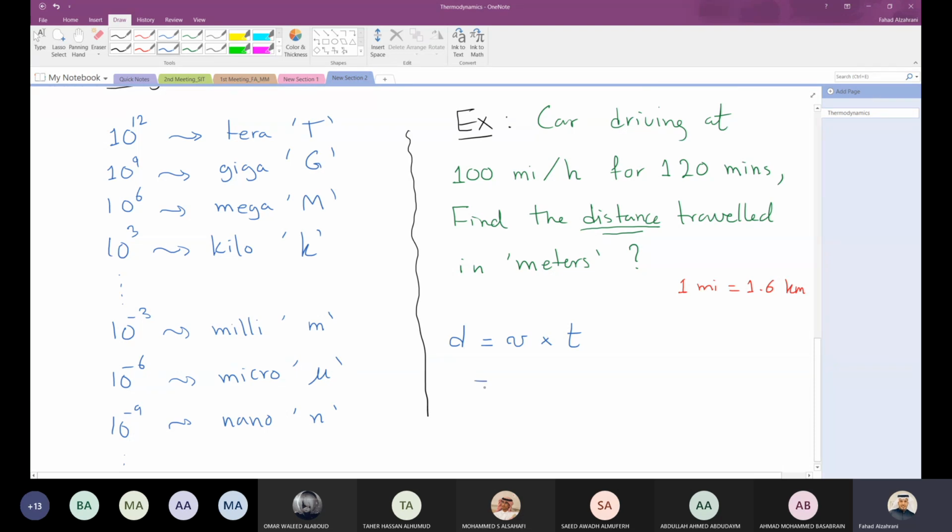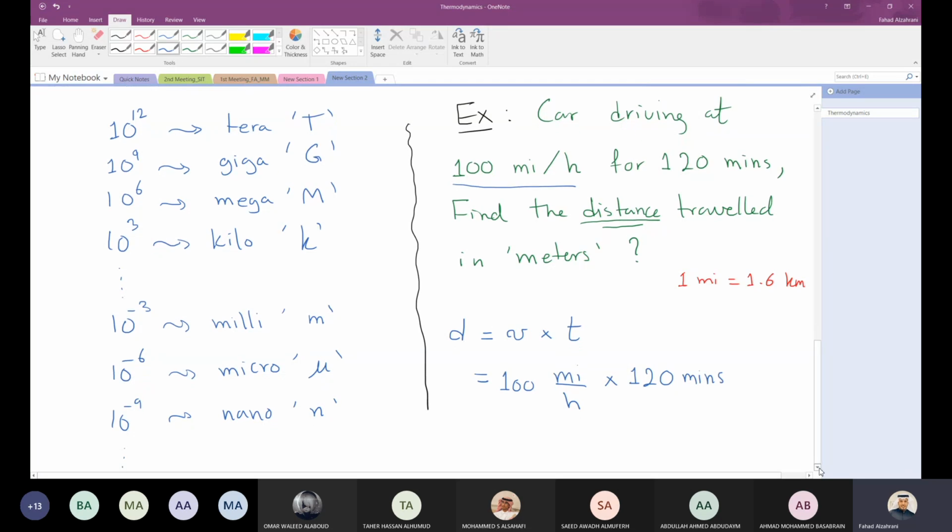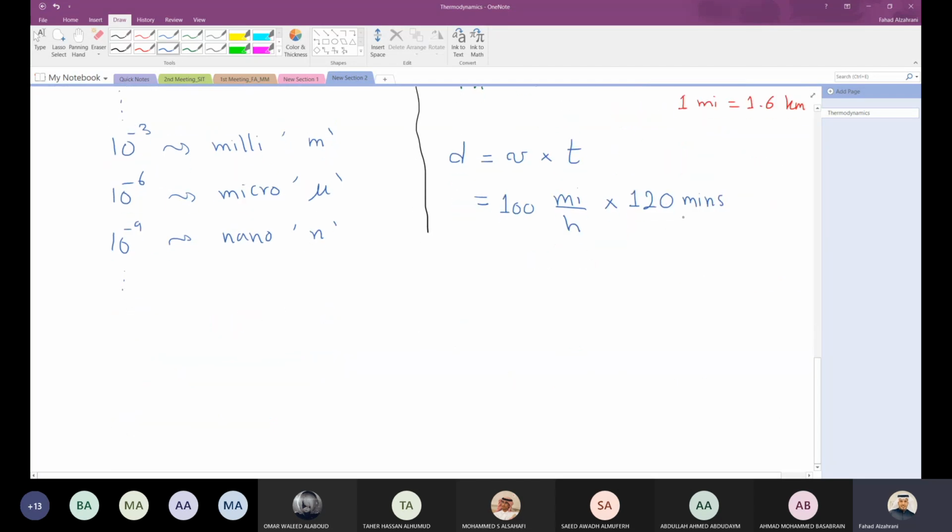So we know the velocity is in terms of what? I have it here: 100 miles per hour times the time. I know I have the time in minutes, so it's 120 minutes. Can I just multiply this by this and be done?